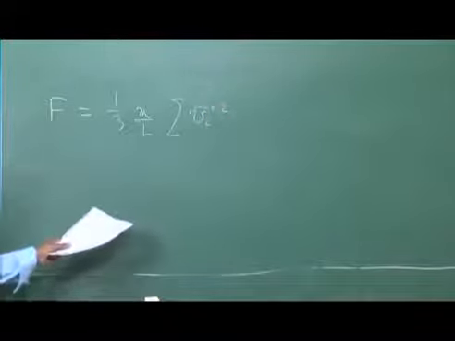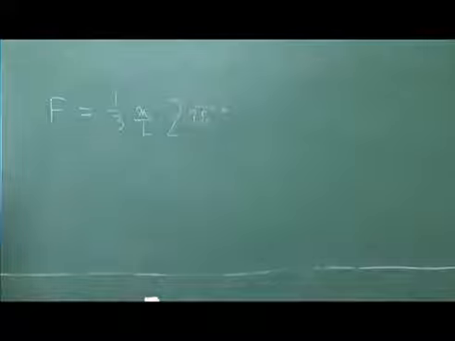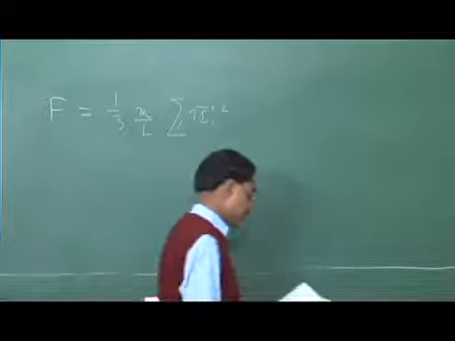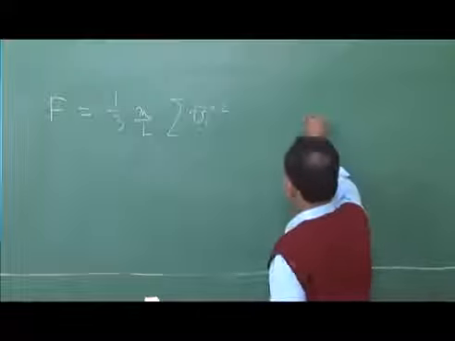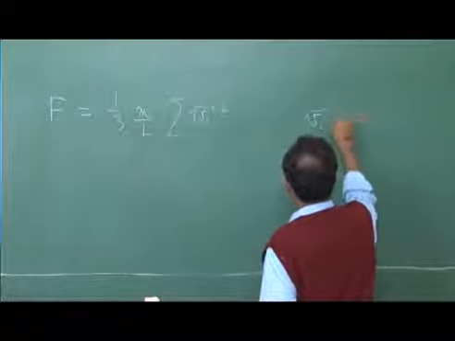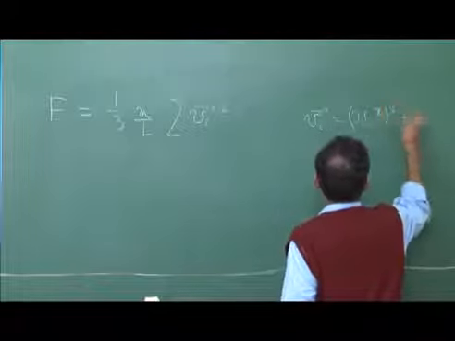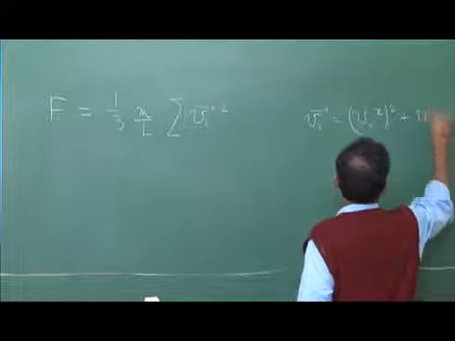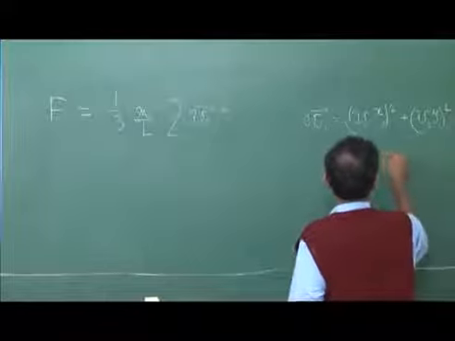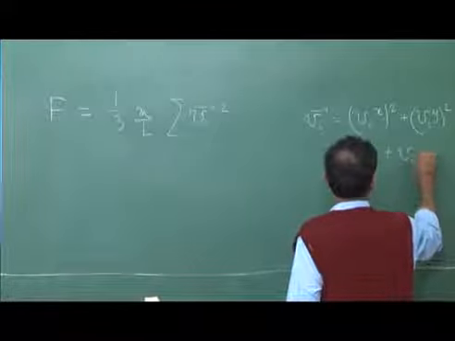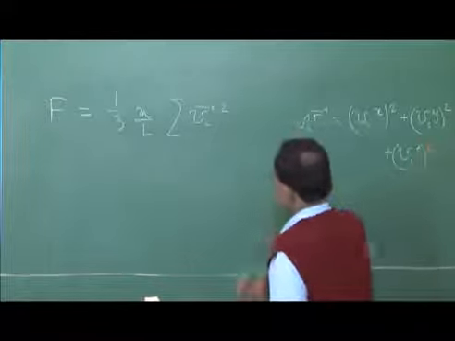Just telling you that I have taken into consideration all the components of velocity x, y and z, where the Vi vector is nothing but Vi x square plus Vi y square plus Vi z square for the ith particle.